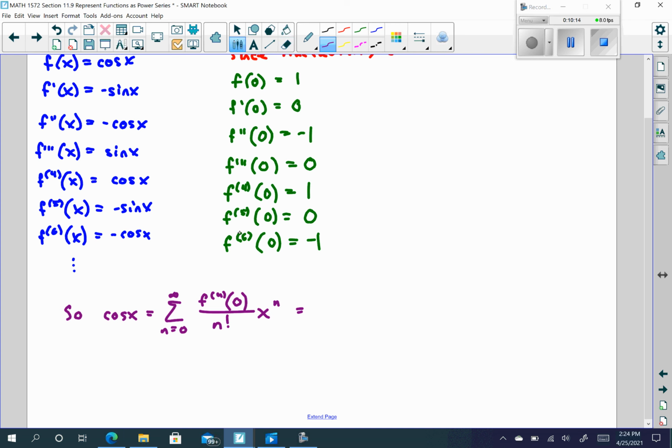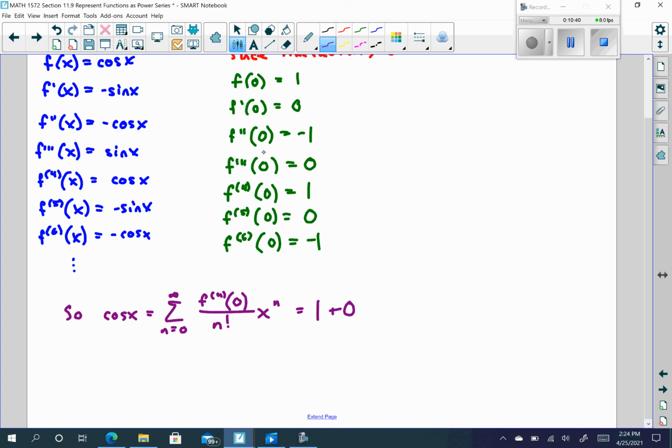When n is 0, we're looking right up here, we're going to have a 1, so this numerator becomes a 1. 0 factorial is 1, so we get a 1 over 1 times x to the 0, so that whole first term is a 1. Our next term, our numerator is going to become a 0, so that makes the whole thing 0, so we get 1 plus 0 when n is equal to 1.